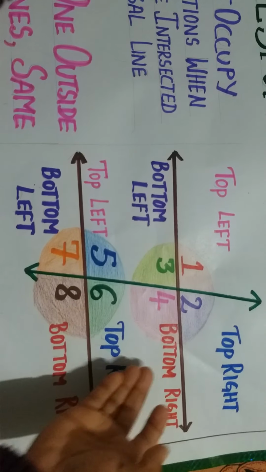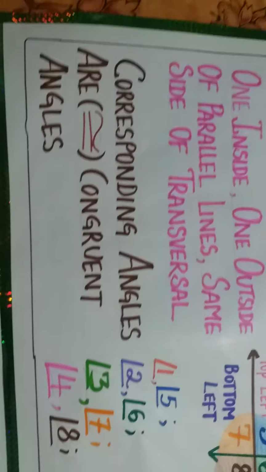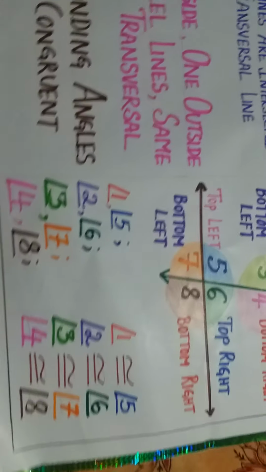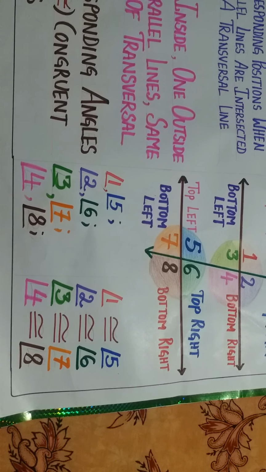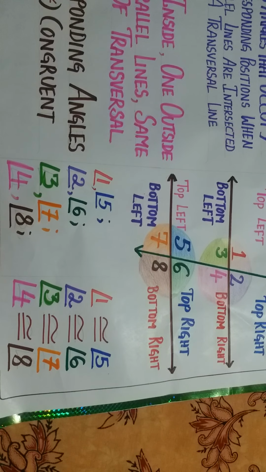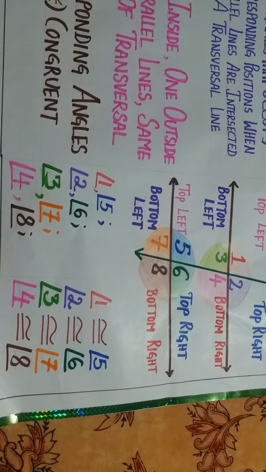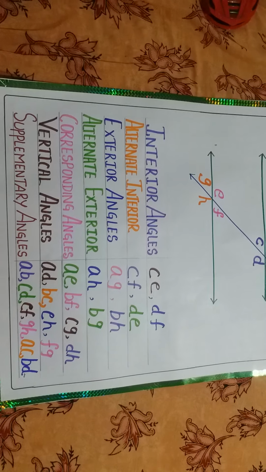Bottom right and bottom right: 4 and 8. Easily understood? The corresponding angles are congruent angles. So 1 and 5, 3 and 7, 2 and 6, 4 and 8 are congruent to each other.